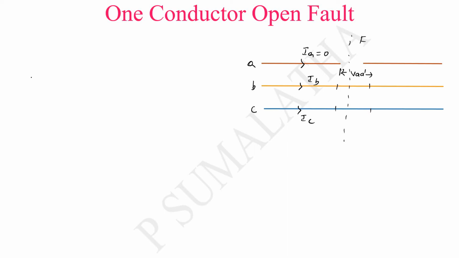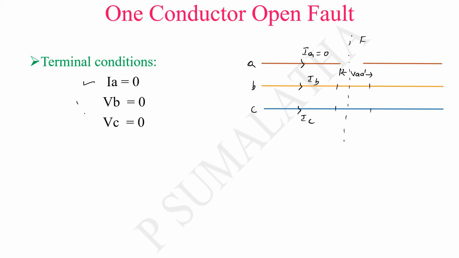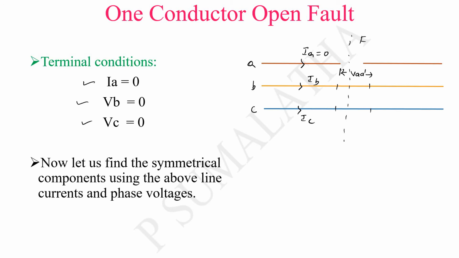Therefore, the terminal conditions can be taken as IA is equal to 0, VB is equal to 0, VC equal to 0. So the symmetrical components can be determined by using these line currents and phase voltages.